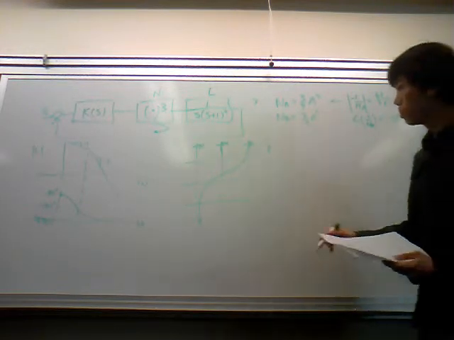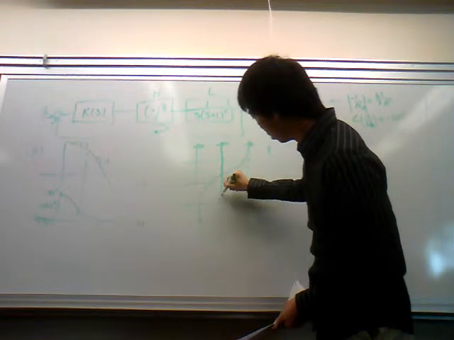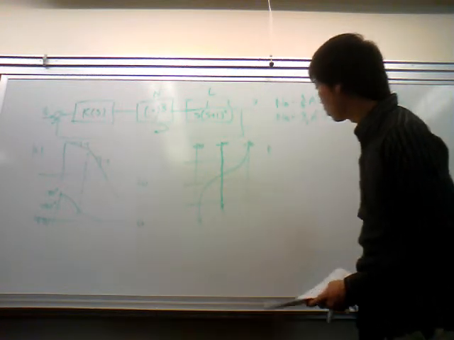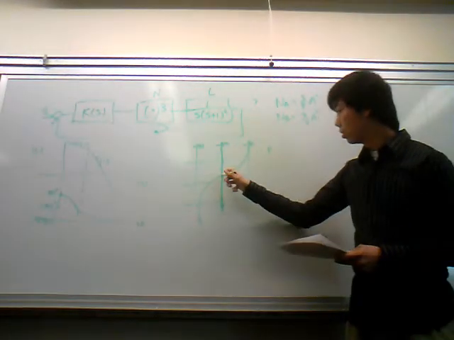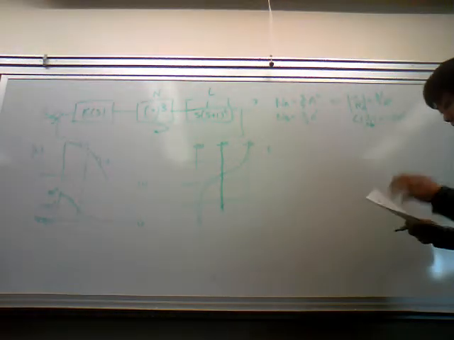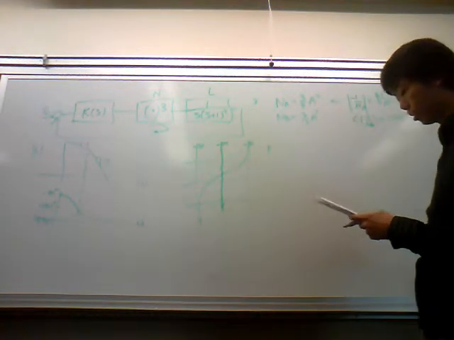Because of the negative sign. So we're gonna go down the minus 180 line. So you see that they intersect here. So that's a limit cycle. But we want to show that it's unstable, right?